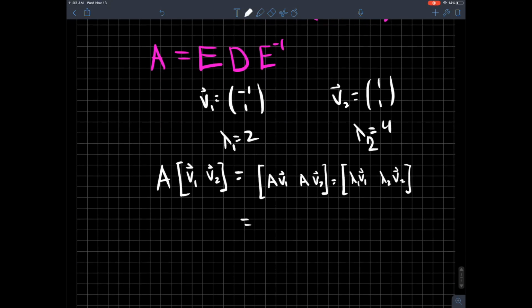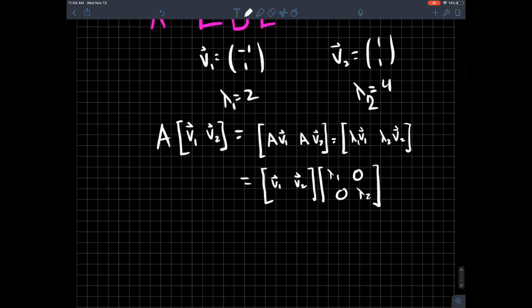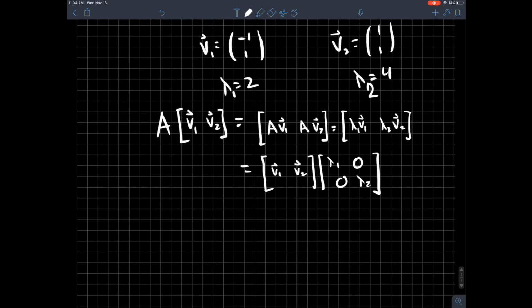And then you can break this up into V1, V2 times this diagonal matrix, lambda 1, lambda 2, 0, 0. And you can go ahead and verify that this actually indeed works out. So what we call this is going to be E, and this is going to be our D. And here on the left is AE.